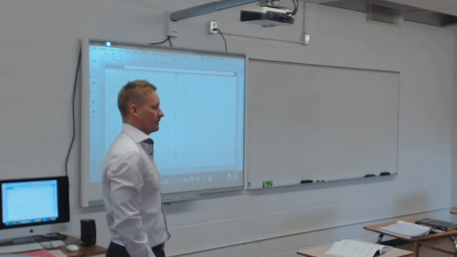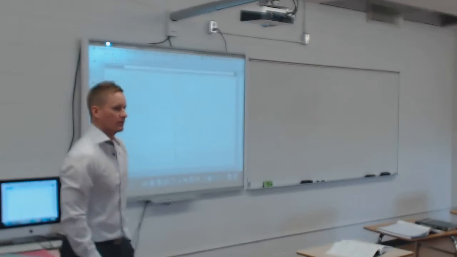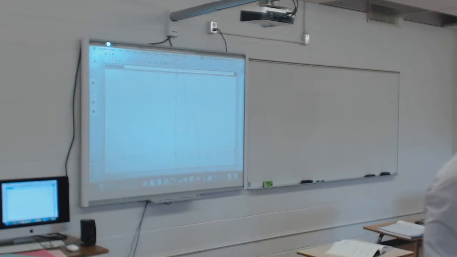How many of us didn't get that on your calculator? Okay, so let's have a look. It had better be what we put in for the equation. Minus 4x squared, it should be a plus 16x here. I get an error every time I have a negative in front of it.